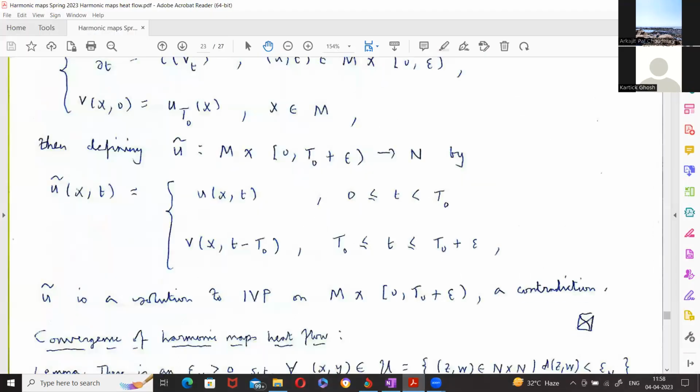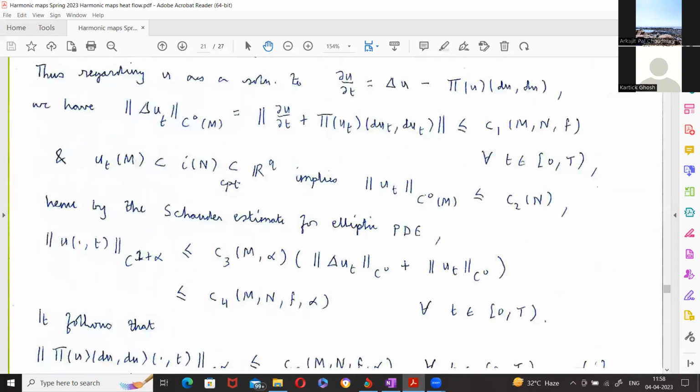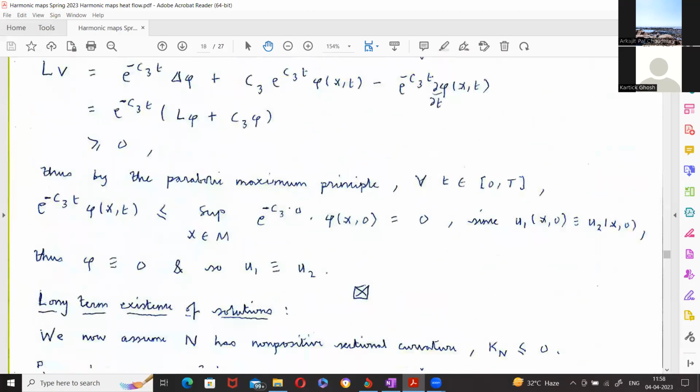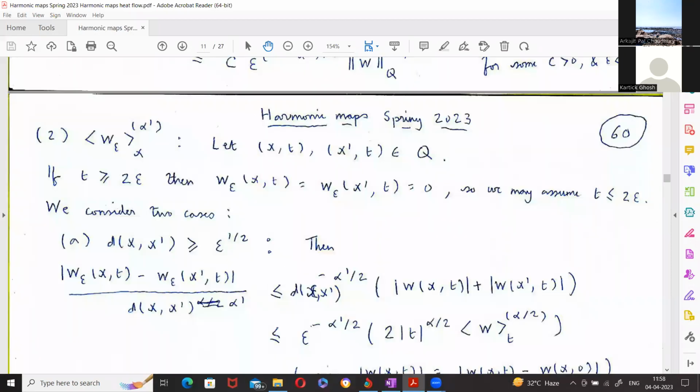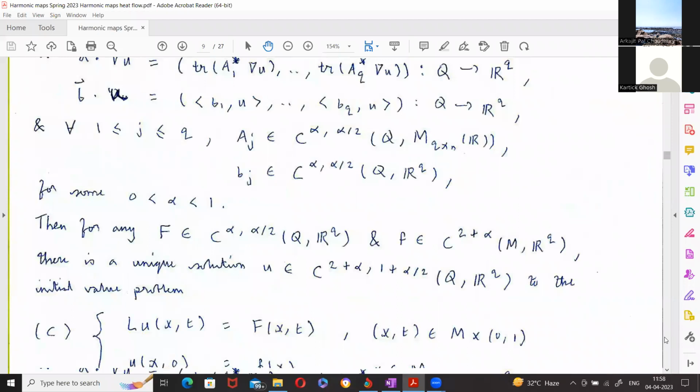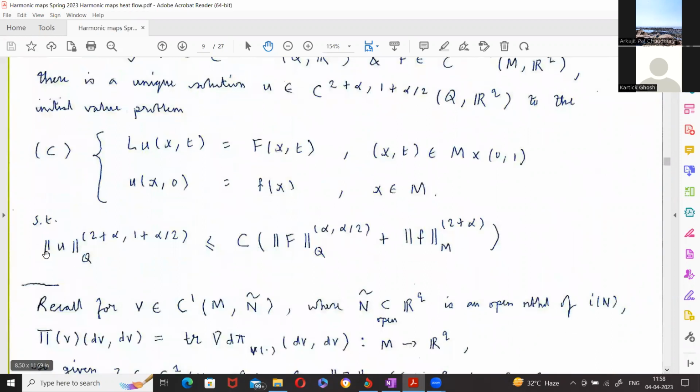So the estimate for solutions is, yeah, this estimate that the 2 plus alpha, 1 plus alpha by 2 norm is bounded by this.